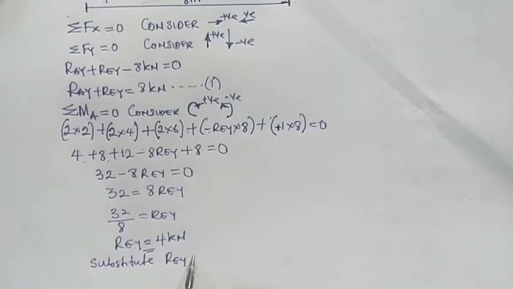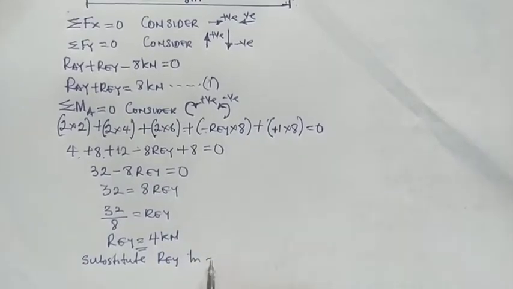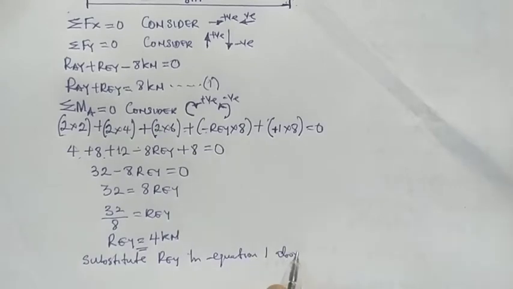REY in equation 1 above. So our equation 1 is telling me REY plus REY is equal to 8 kilonewton.